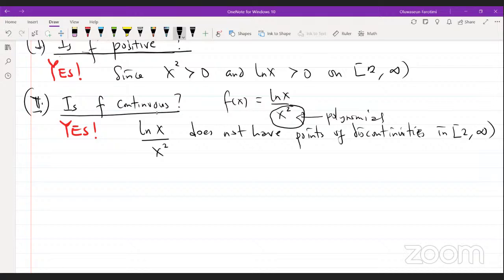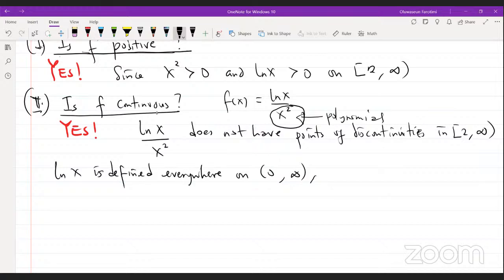Also, I can say that ln of x is actually defined everywhere on 0 to infinity. Remember that the ln function can never take a negative argument. Something like ln of -1 or ln of -100 is not possible.